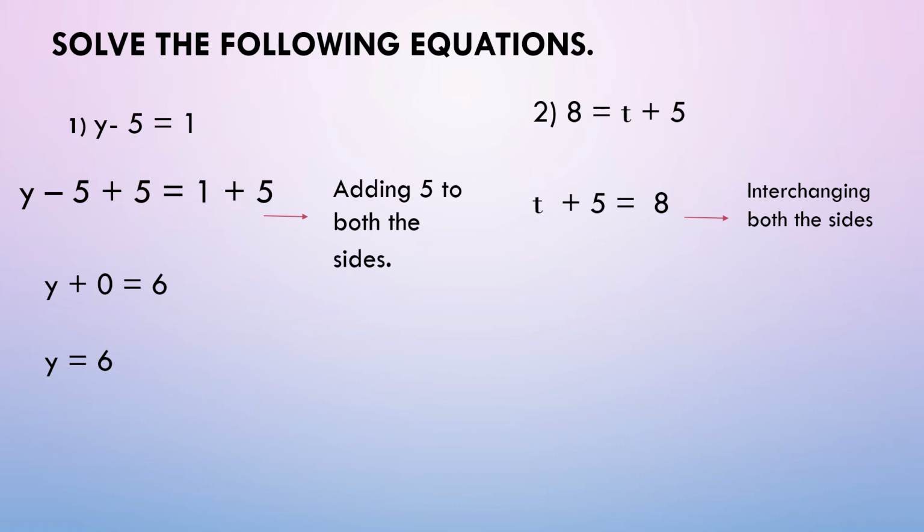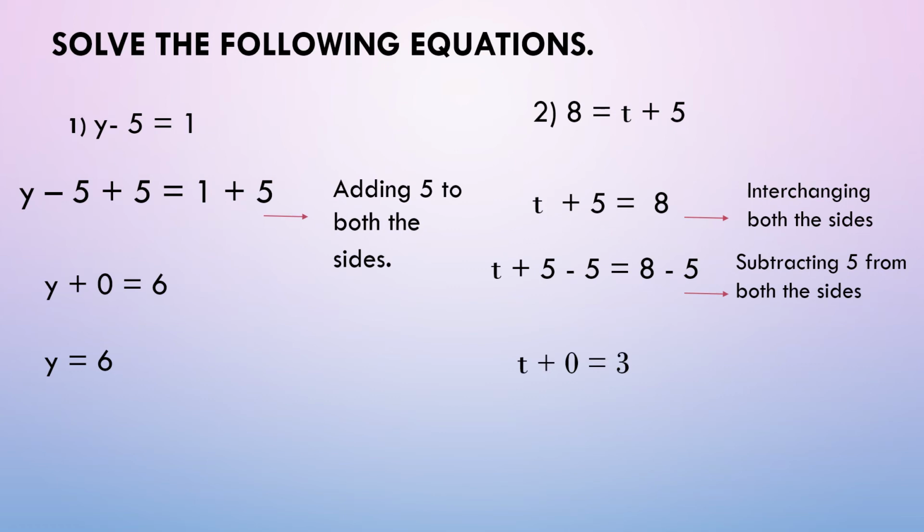So on both the sides, what do you have to do? Subtract 5. Okay. So which property are you using here? Subtraction property of equality. You are subtracting 5 from both the sides. So plus 5 minus 5 becomes 0 here. So t plus 0 is equal to what? 3. 8 minus 5 is what? 3. So t is equal to 3.